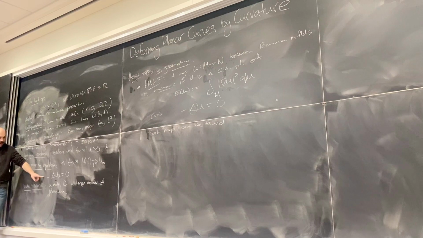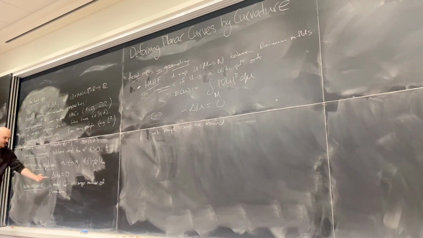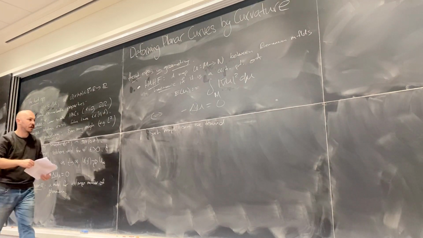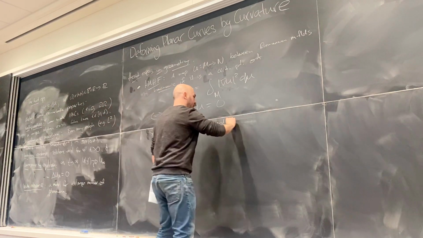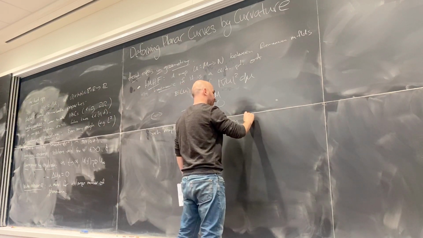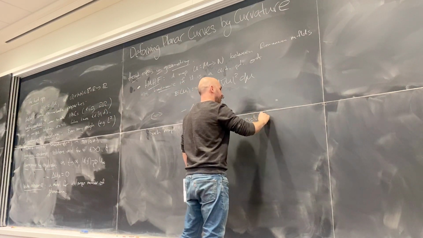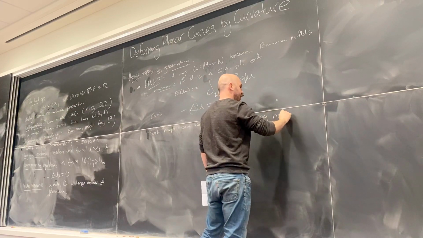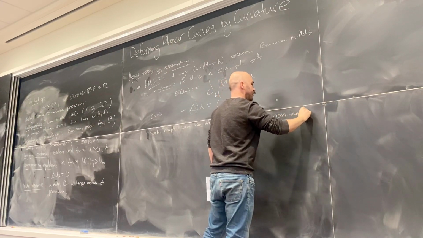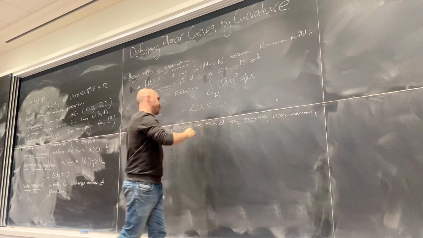Okay, and then looking at what happens as t goes to infinity, you end up with a harmonic map by evolving non-harmonic maps by the corresponding heat flow.